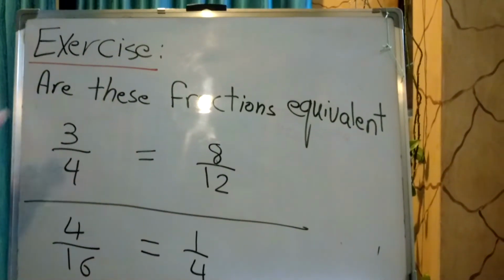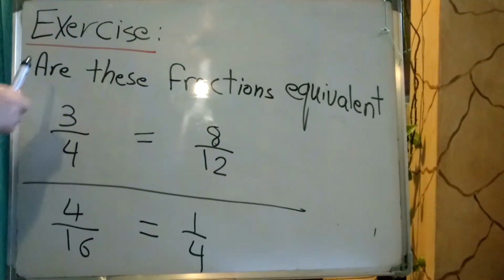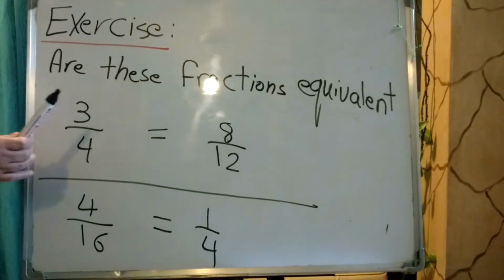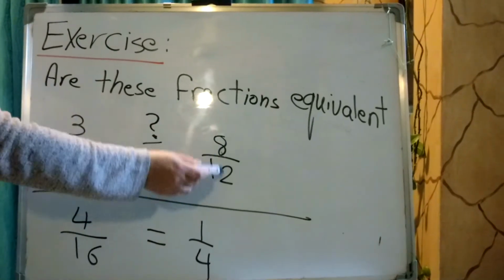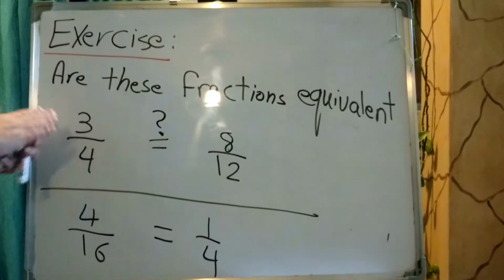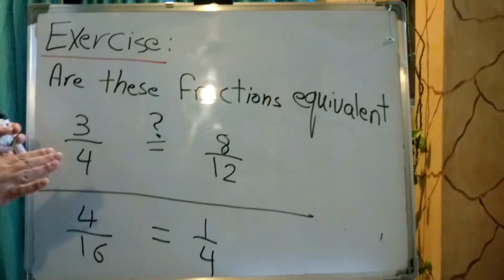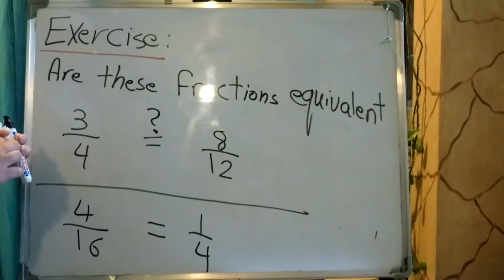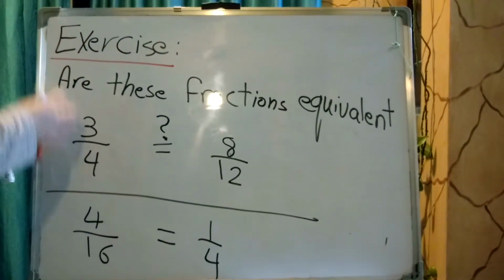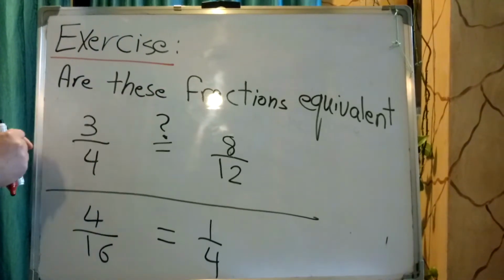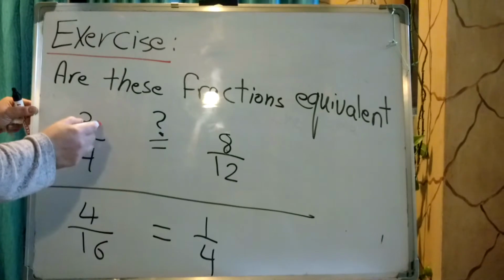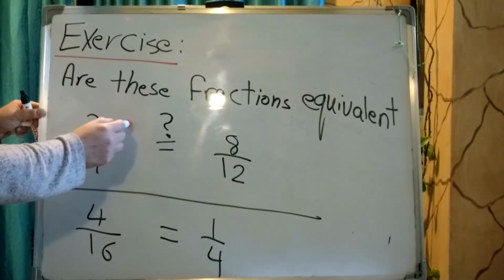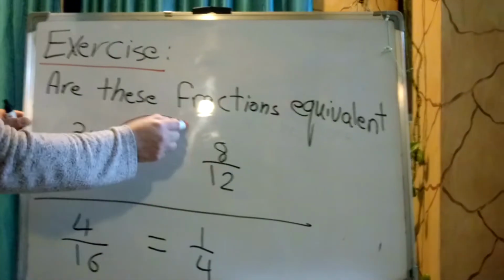Now let's have this exercise. Are these fractions equivalent? 3/4, is it equal to 8/12? Notice here that we don't have models, so we have to decide whether these two fractions are equivalent or not. Think about multiplication. Do you have any number when you multiply it by 3 gives 8?